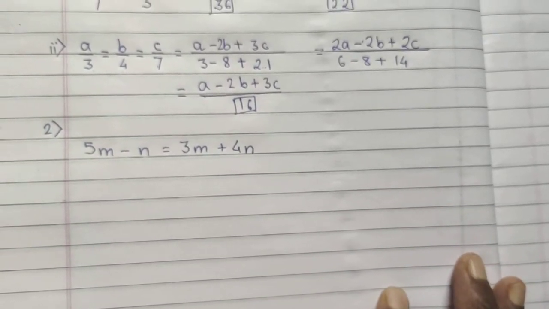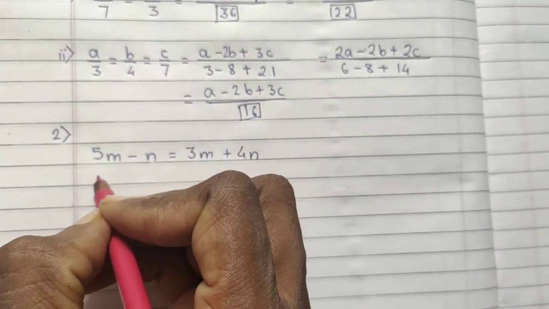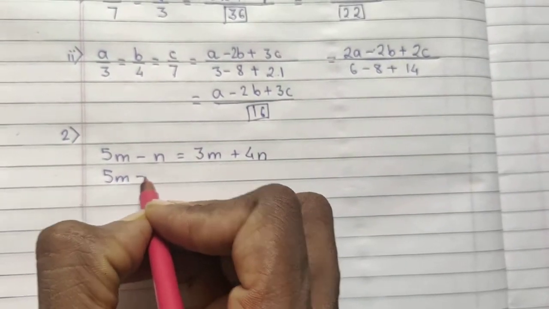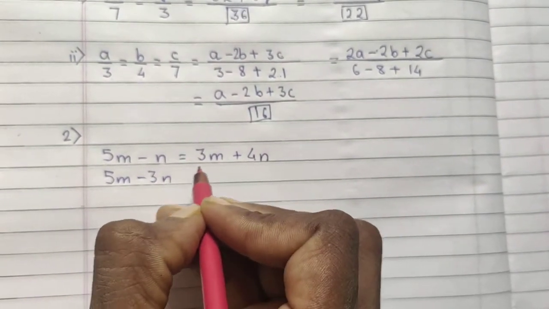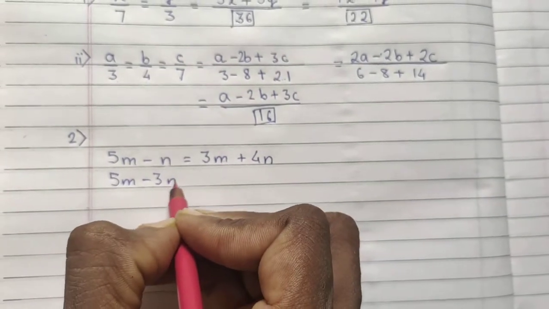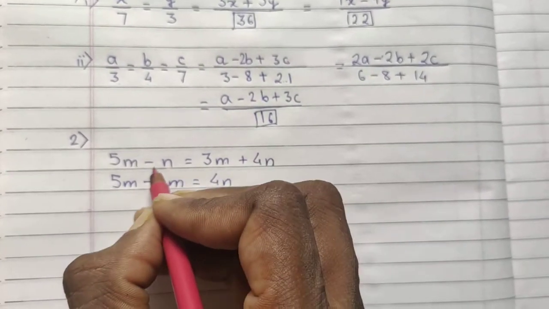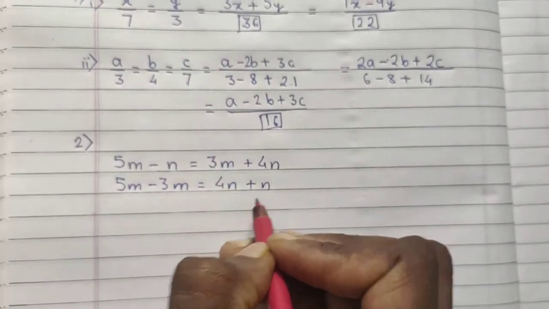First let us simplify this. So this is 5m already here. Take this 3m to the left hand side, so this 3m becomes minus 3m. Now this 4n is as it is. Now minus n becomes plus n.